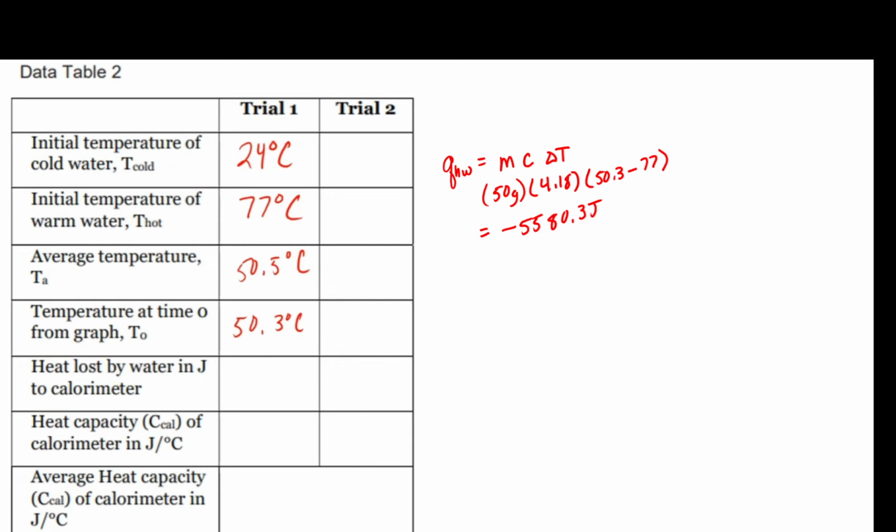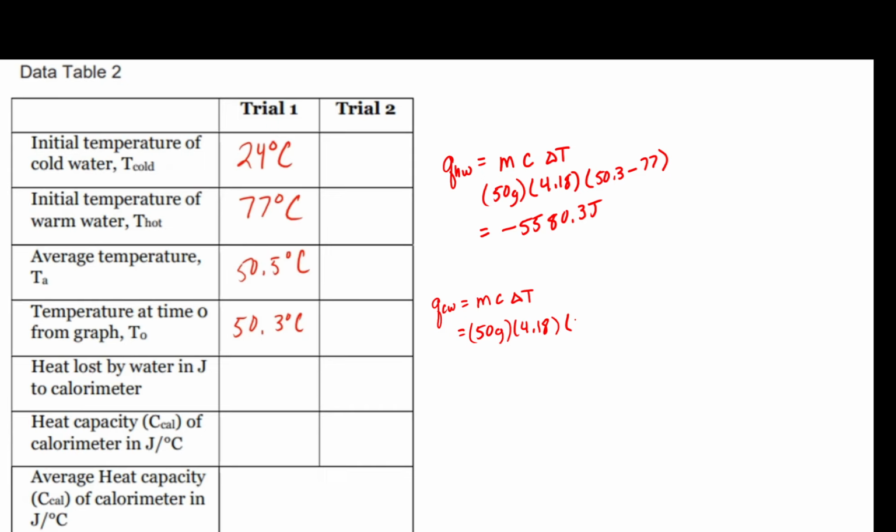All right, so the next question I have is, well, how much energy did the cold water gain? And to determine how much energy the cold water gained, I'm going to write Q of the cold water is also equal to MC delta T. There was 50 grams of cold water. Liquid water always has a specific heat of 4.18 joules per gram degree Celsius. And my cold water had a temperature change of starting at 24 degrees Celsius and rising to 50.3 degrees Celsius.